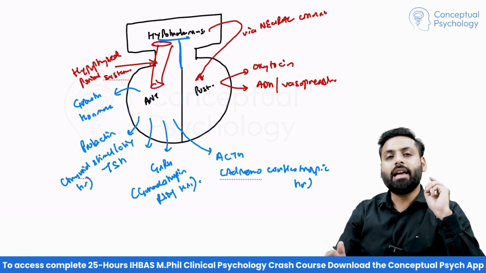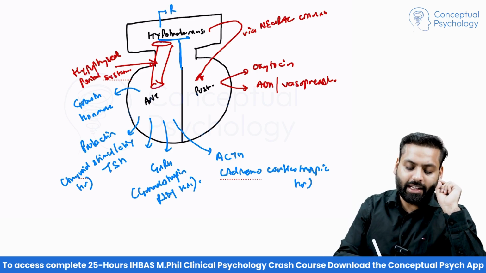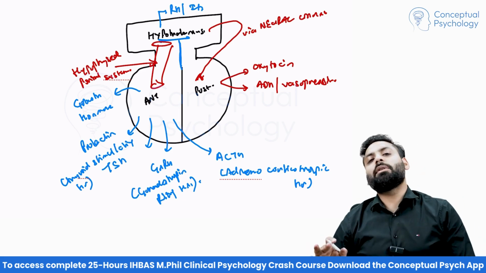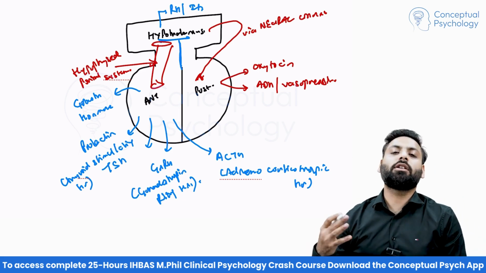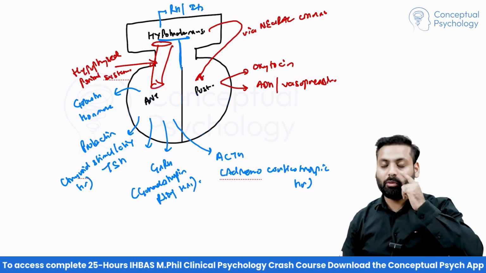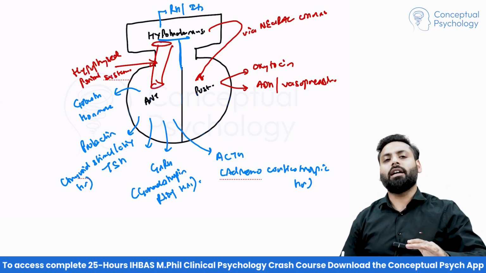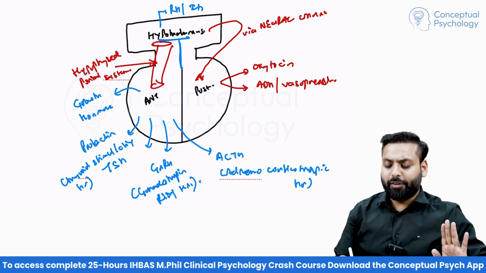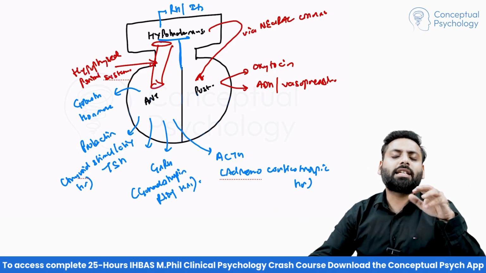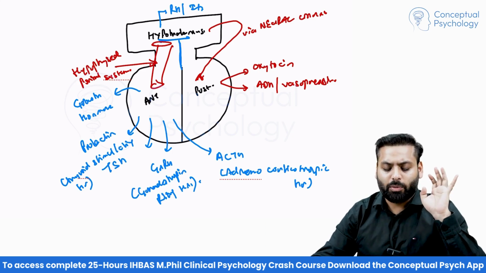And hypothalamus has various releasing hormones and inhibiting hormones. If it wants to get the hormones released from the pituitary, it will give a releasing hormone. If it wants to stop the release from the pituitary, it will give an inhibiting hormone.